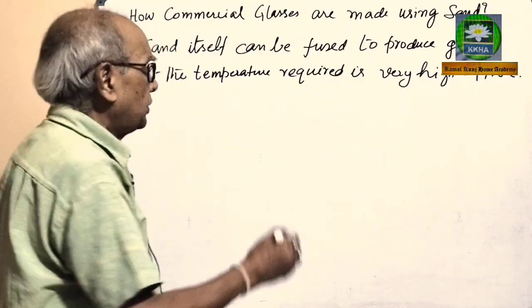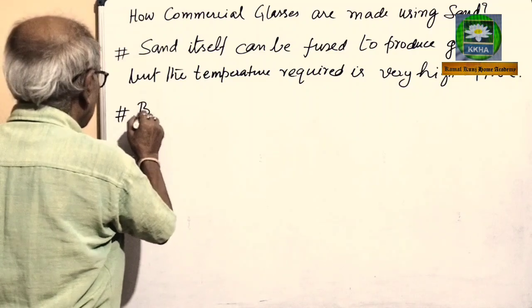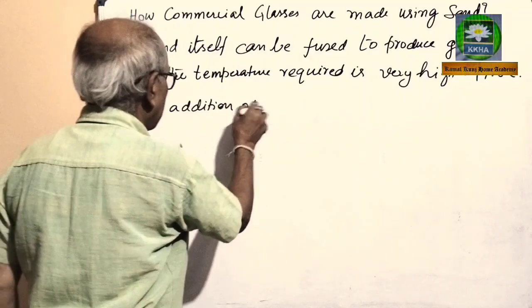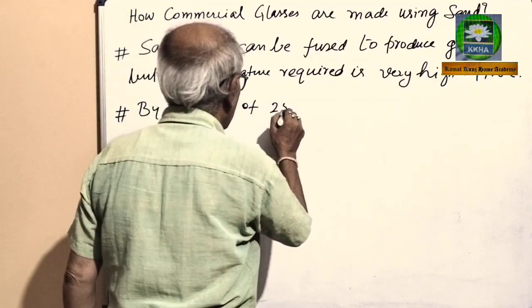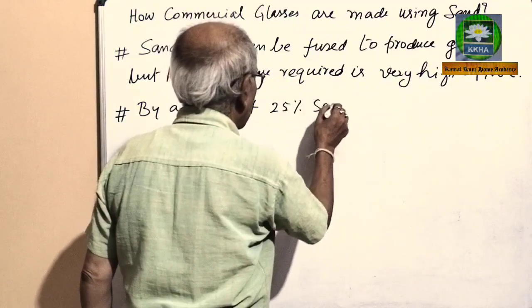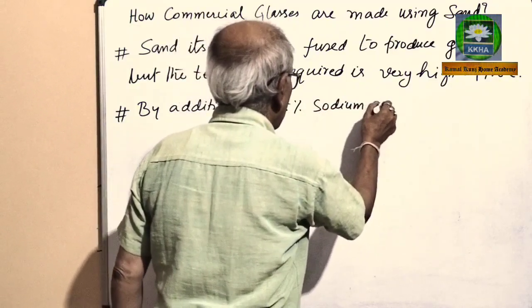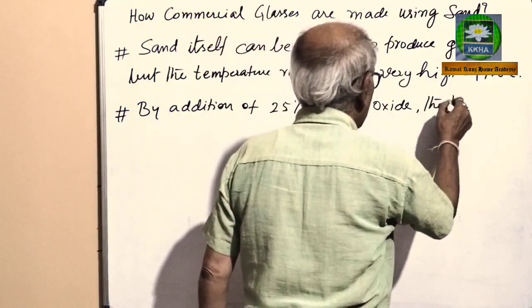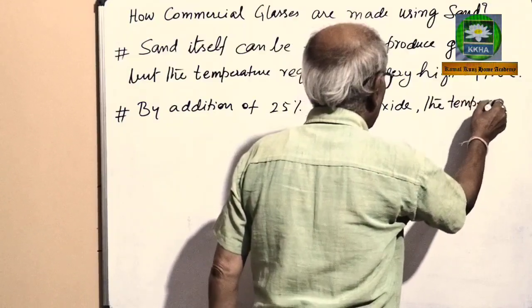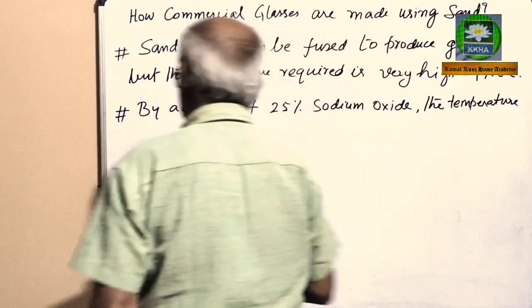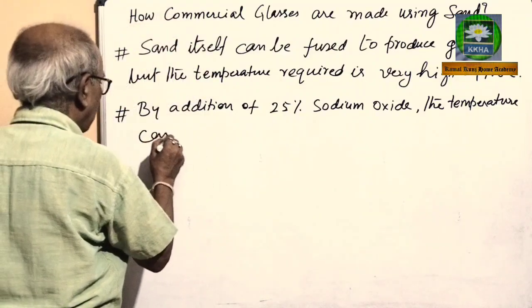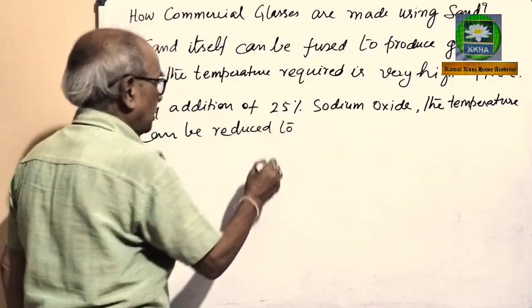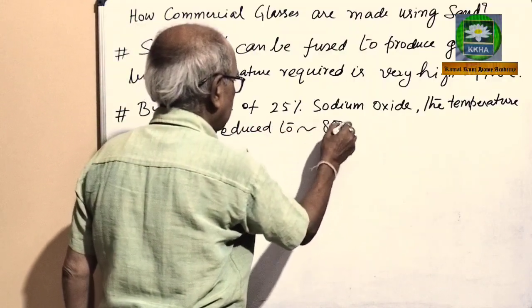Now, by addition of 25% sodium oxide, the temperature can be reduced to 800 degrees Celsius.